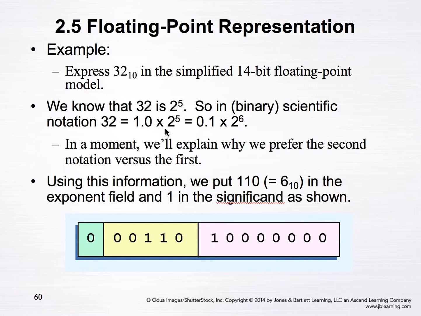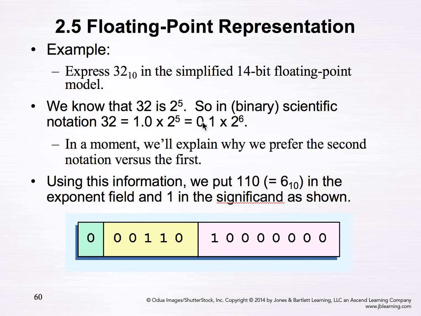And also we can see that this representation can also be represented by 0.1. So we shift the decimal point right here to the left, so we have one more 2 right here.